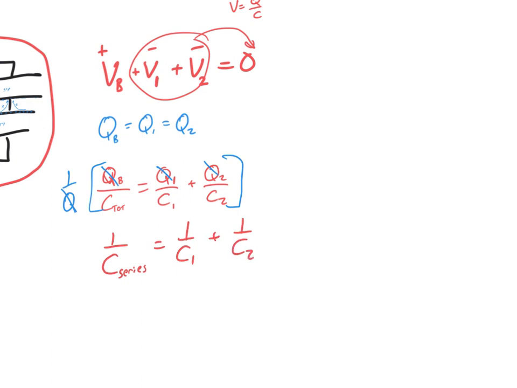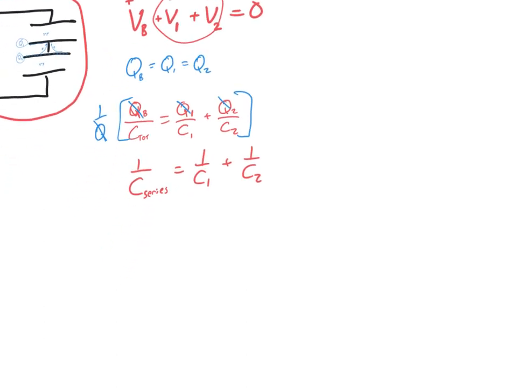And I want to be very careful about something here. When you add these together, what if C1 was equal to 6 farads? That's the unit for capacitance. And C2 was equal to 3 farads. What would the total add to be?